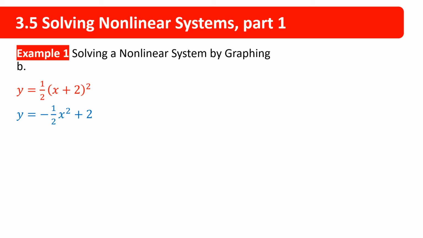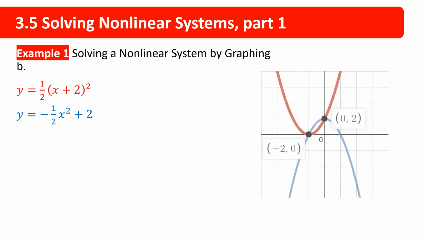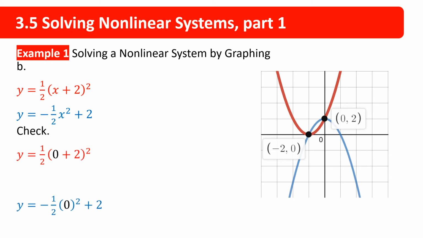Here's a second example. This time around we have two parabolas. Notice that one is in vertex form and the second is in standard form. And if we graph those, we'll come to two parabolas that are intersecting, one along the x-axis and the other on the y-axis. We can go and check again.